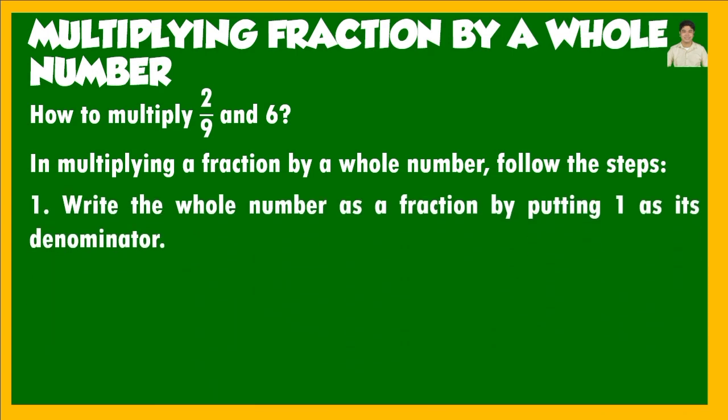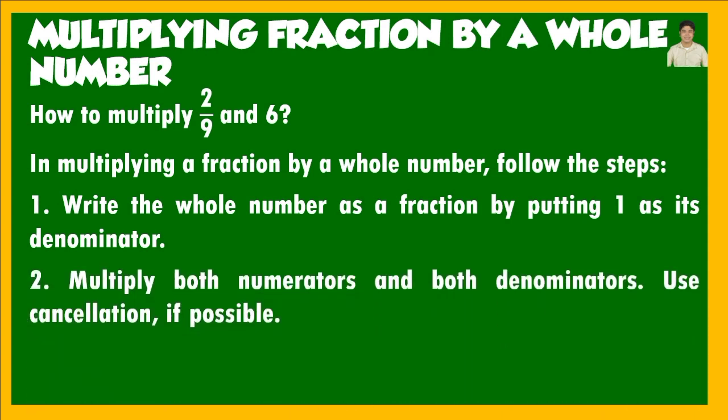Write the whole number as a fraction by putting 1 as its denominator. So, since yung 6, whole number siya, para maging fraction siya, lagyan lang po natin ng 1 sa ibaba na magsisilbing denominator niya. So, magiging 6 over 1 siya nun. And then, multiply both numerators and both denominators. Use cancellation if possible.